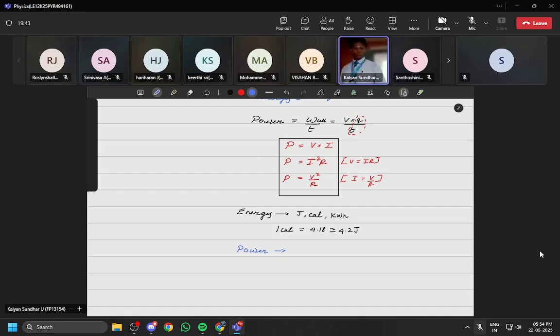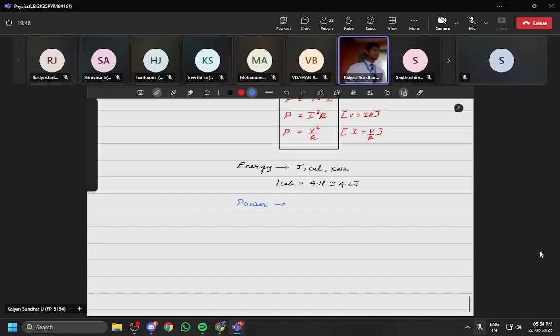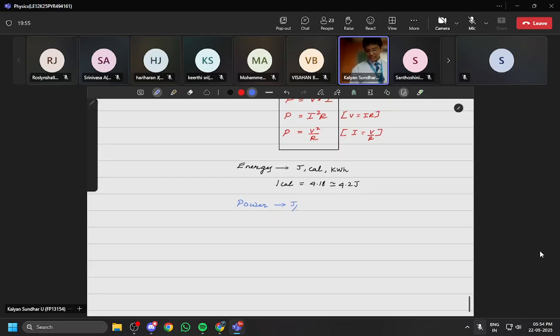So next one is about the power. Power is nothing but work done per unit time. The unit of work done is joule, so we write joule per second, which is nothing but your watt, W-A-T-T, the capital W. When expressing it in terms of a higher quantity, you'll write it as kilowatt and megawatt.